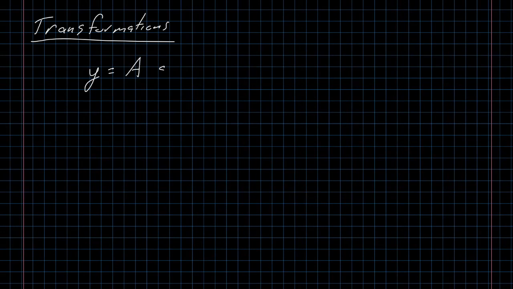So A times the sine of B times x minus, and this used to be h. I'm going to write the Greek letter phi here instead. It serves the same purpose.